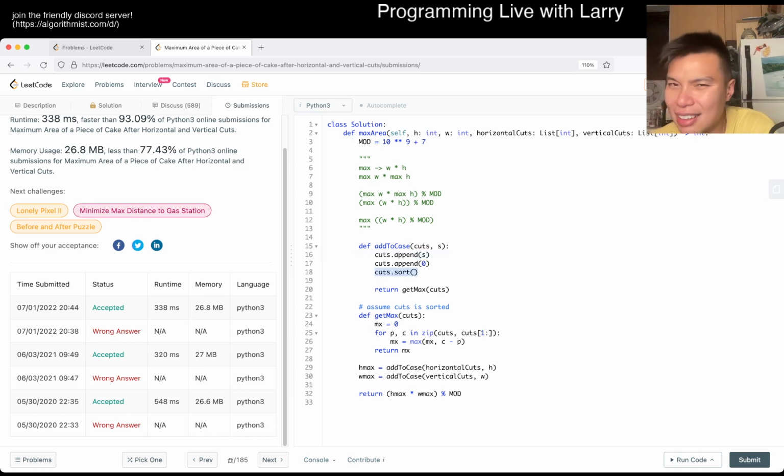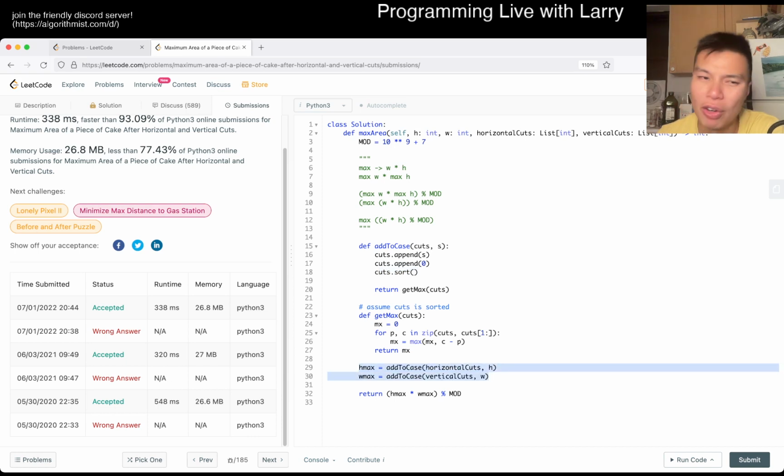So you can say that there's linear space, because in theory, if you don't want to mutate the space, you would create another copy and then sort that one instead. Of course, that is going to be dominated by sorting. These 2 dimensions are done independently, so it's going to be n log n in total, or if you want to prefer, it's h log h plus w log w or something like that, where that's the number of cuts on both dimensions. Yeah, I mean, that's what I have for this one.